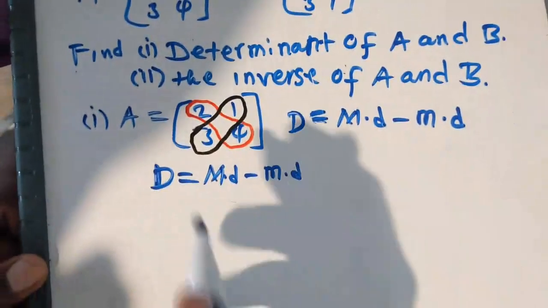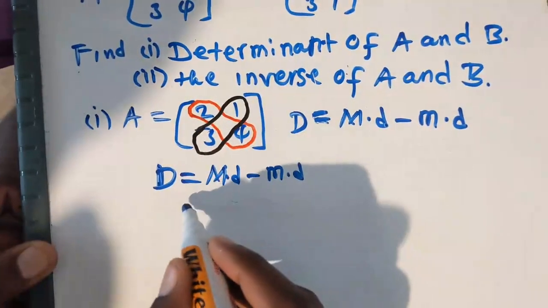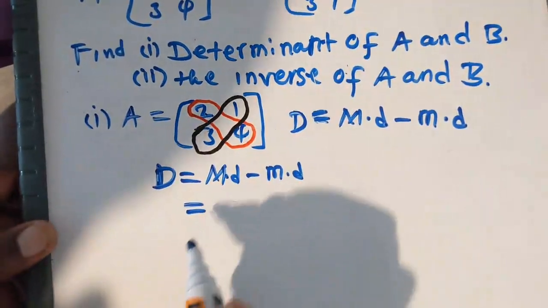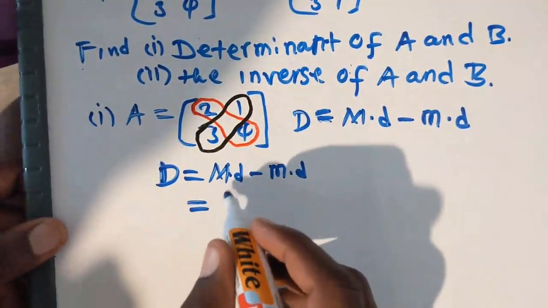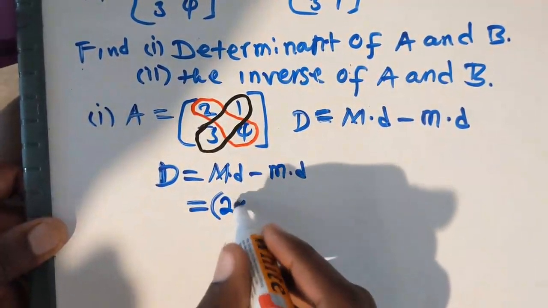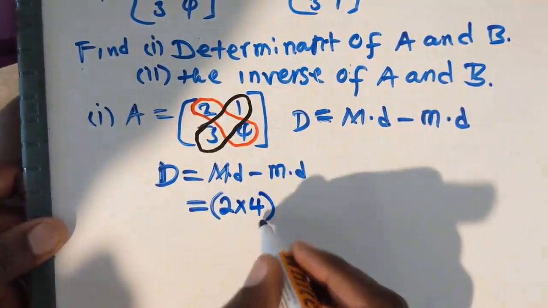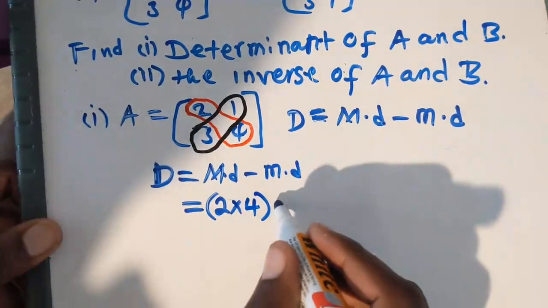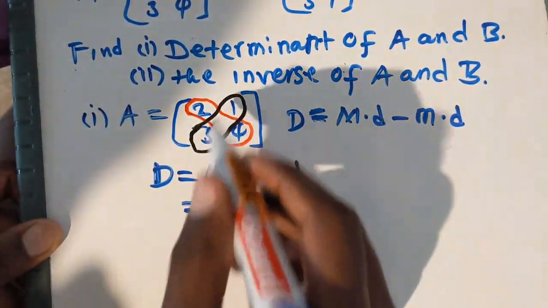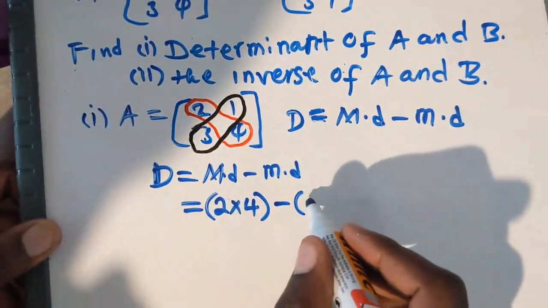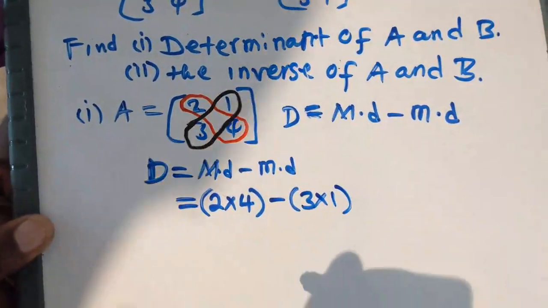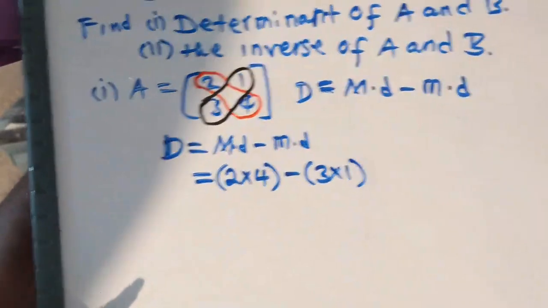So we multiply 2 by 4 to find the major diagonal. Then minus the minor diagonal, we multiply this by that, which is 3 times 1.